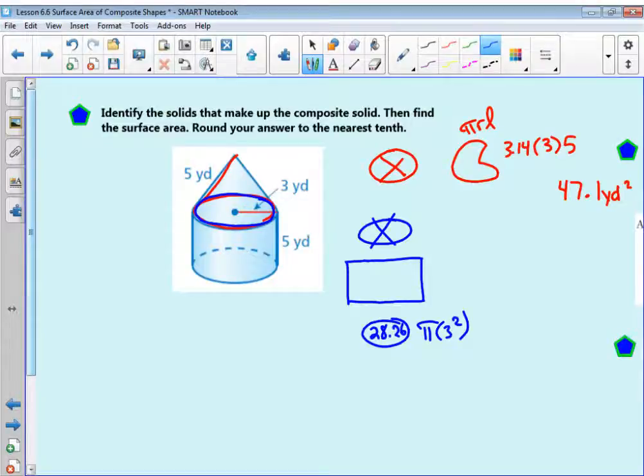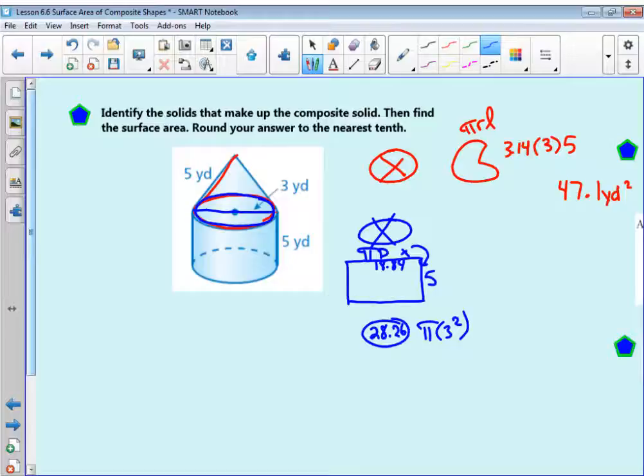Okay, for our rectangle, we use our circumference, which is pi times diameter, and then we're going to take that times the height, which was 5. So pi times diameter, well, the diameter across here would be 3 plus 3 is 6, so 3.14 times 6 gives me 18.84 for this dimension.